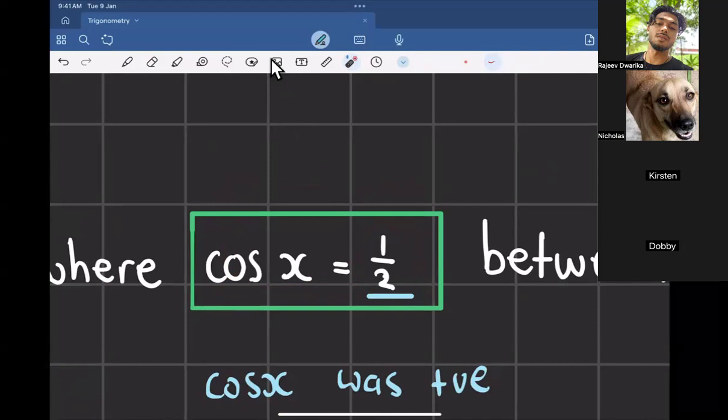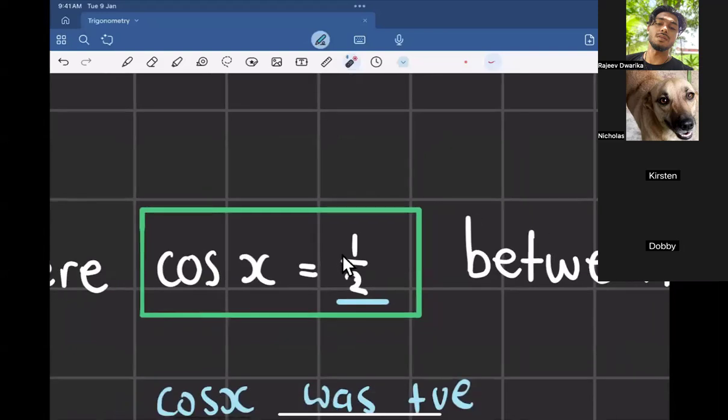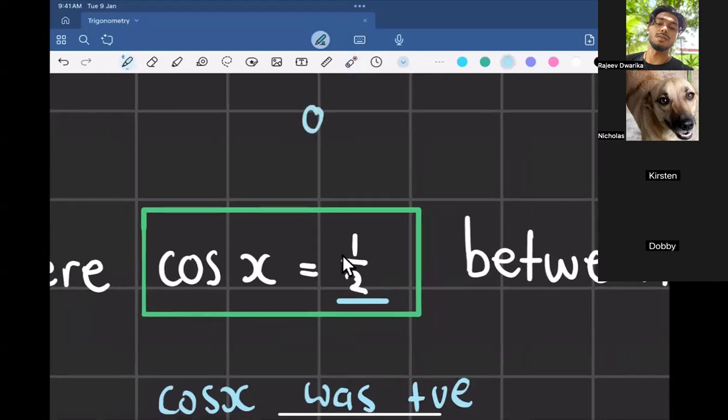Kirsten, I want you to explain to me how a half is negative. That's a bit weird. Tell me why a half is negative. A half can be written as 0.5. It doesn't have any negative sign there. So is a half positive or negative?